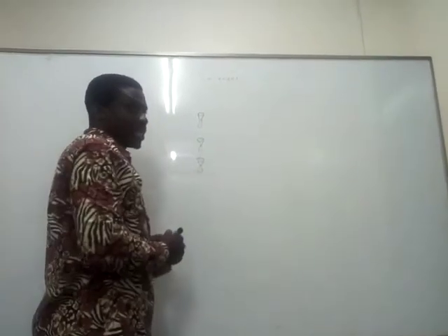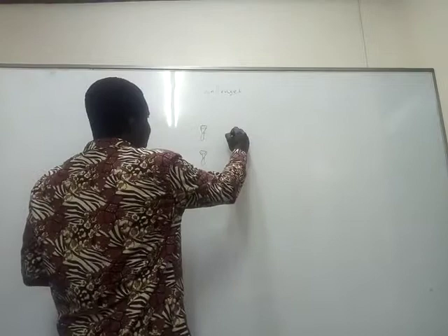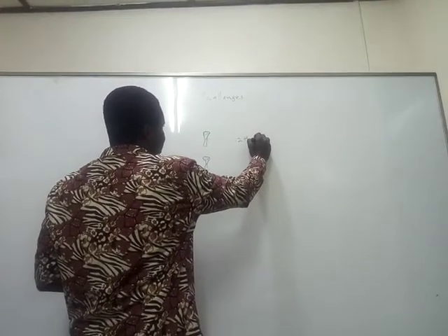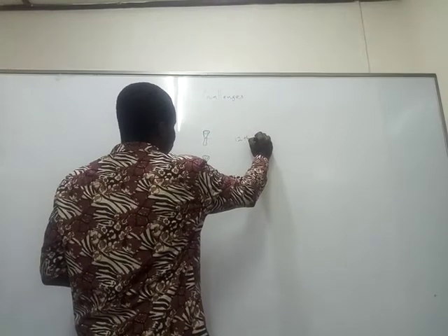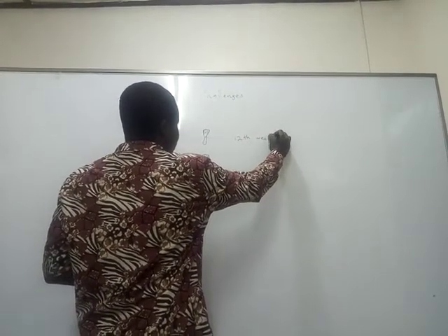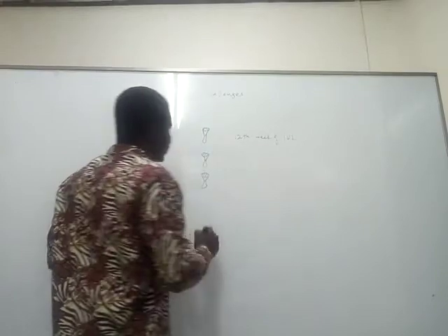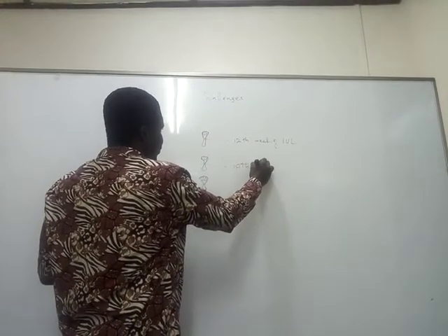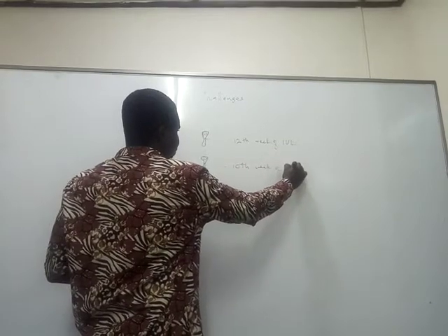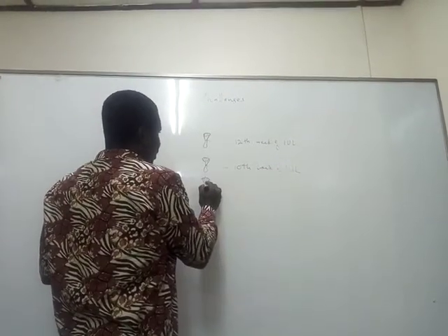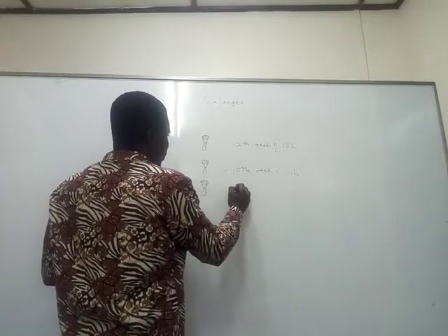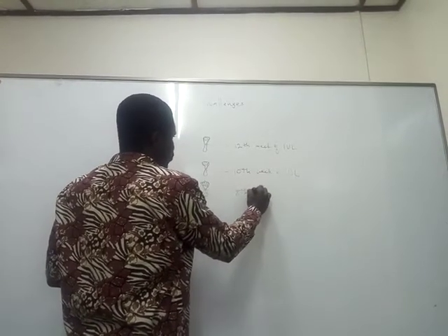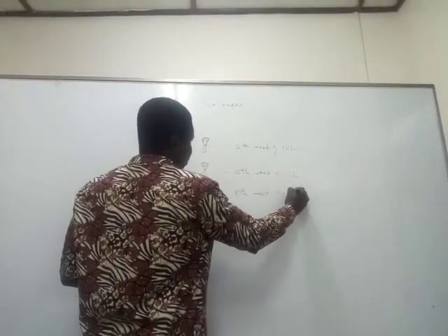for the proximal, that one appears around the 12th week of intrauterine life. Now, for the middle, it appears around the 10th week of intrauterine life, and for the distal, it appears around the 8th week of intrauterine life.